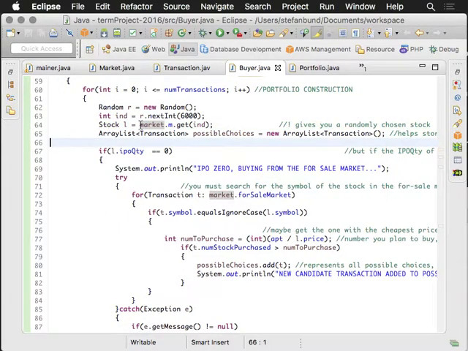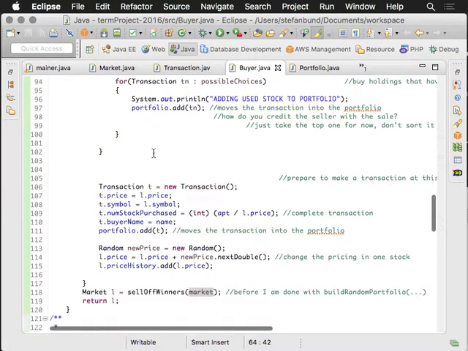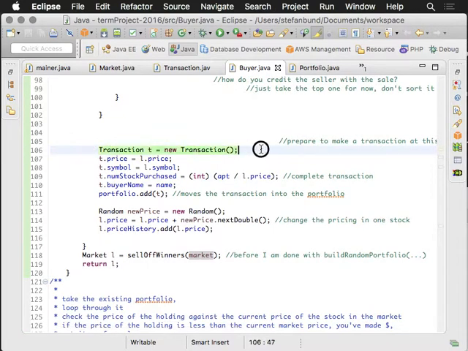And you're going to get a stock out of that market, using a random value. And that's fine. You guys are already doing that quite successfully. And we're going to build a transaction based upon the price, the symbol, etc. of that stock that we located.